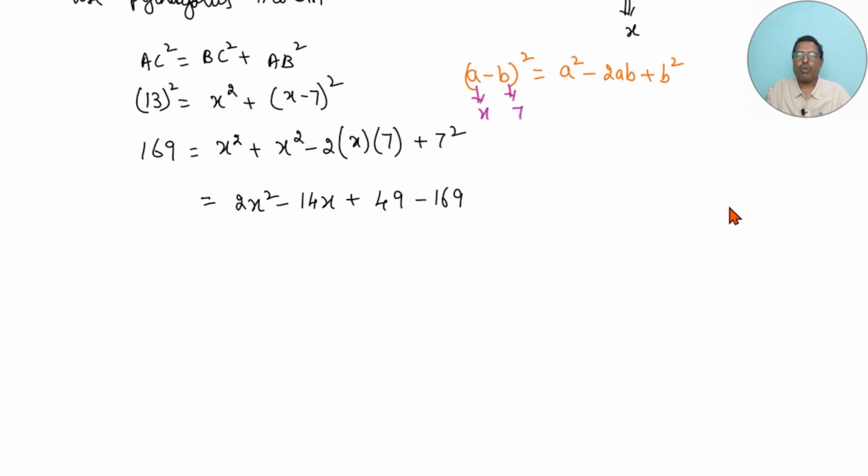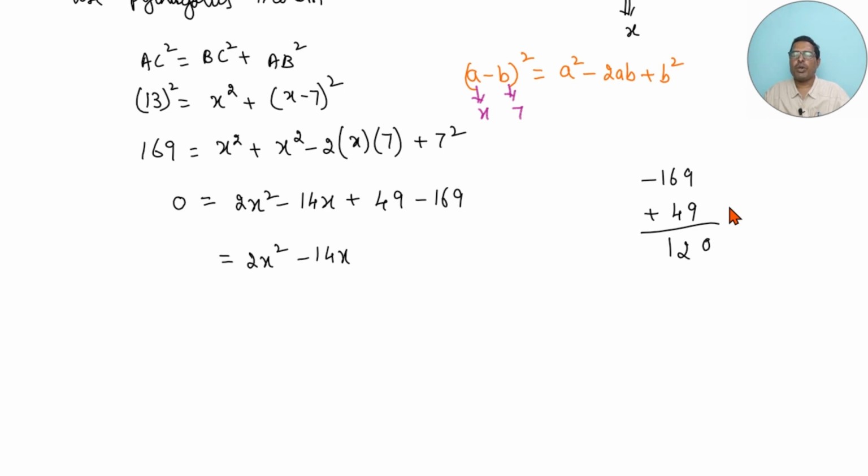This positive value, when it comes on the other side, becomes a negative value and you are left with 0 over here. So this is nothing but 2x square minus 14x, and here you can subtract minus 169 plus 49. So it is 9 minus 9 is 0, 6 minus 4 is 2, it's 120.